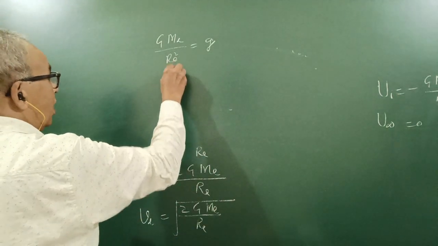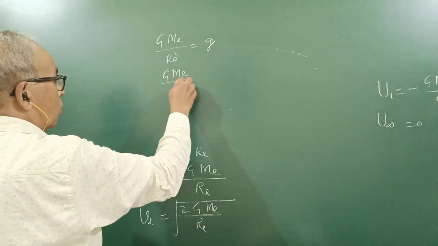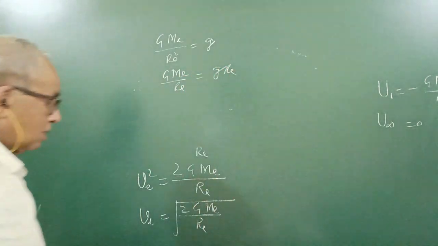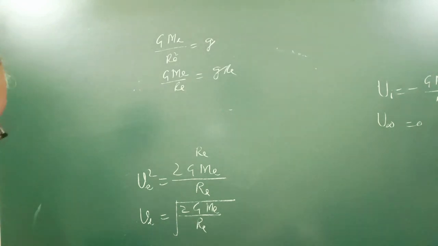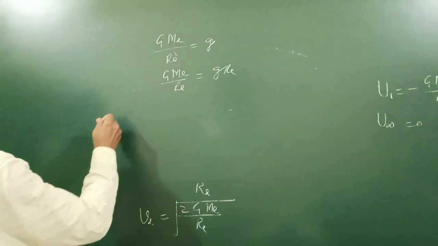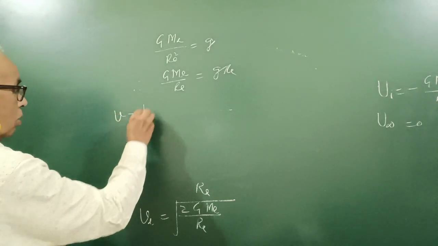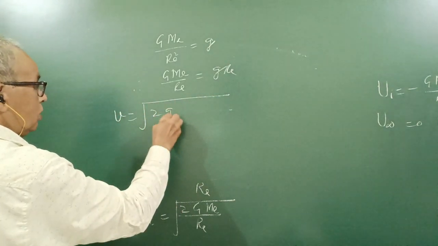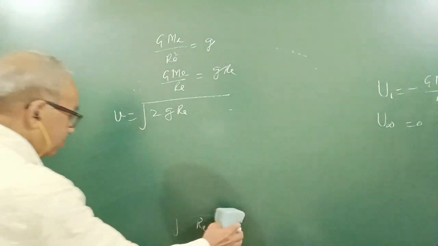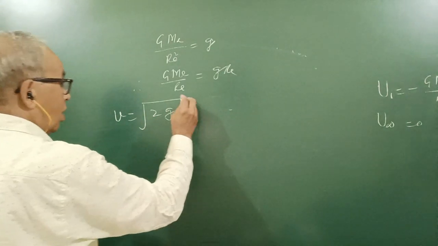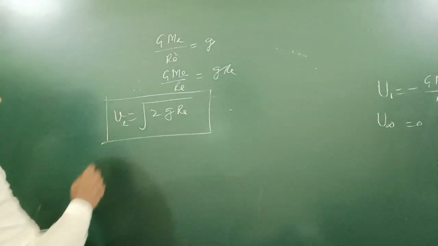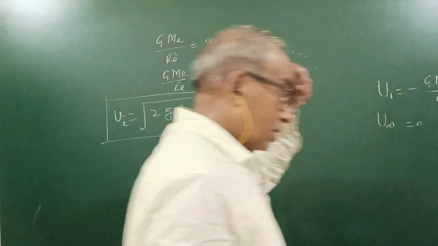So G Me upon Re is equal to g Re. And hence Ve is equal to under root 2 g Re, where g is the acceleration due to gravity. This is the formula for the gravitational escape velocity from the surface.